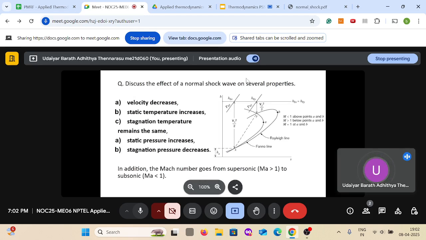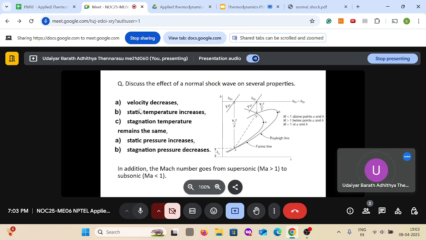So before going, based on what we did, we'll discuss how the properties vary across a normal shock. So discuss the effect of a normal shock wave on several properties. One, we saw the Mach number was supersonic and it went to subsonic condition, so the velocity is decreasing. Then the temperature ratio was greater than 1, so the temperature is increasing downstream.